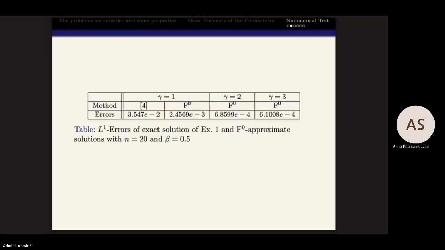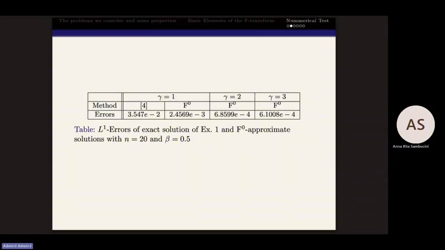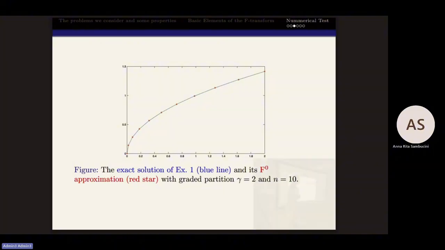Once more with n equal to 20, you can see that the result is similar to the previous one when n is 10. This one is much better than this one.